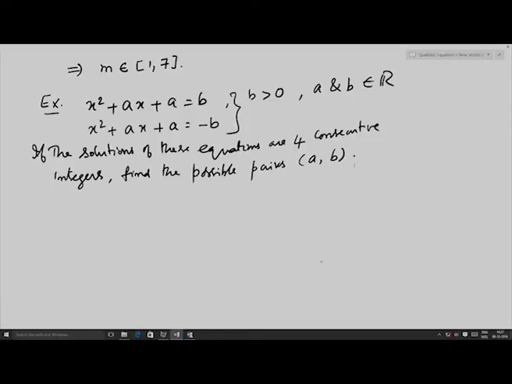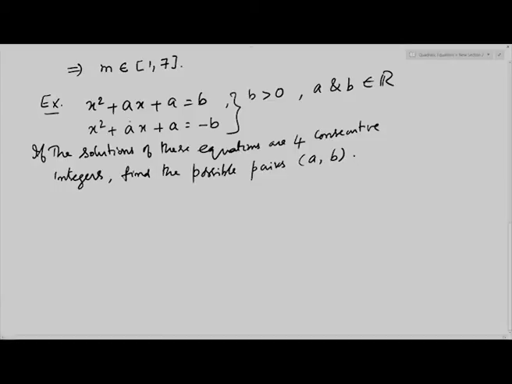Now, one thing we can immediately say: look at the first equation, if alpha and beta are the roots, alpha plus beta will be equal to minus a. The same thing in the second equation: if p and q are the roots, p plus q also will be equal to minus a. Therefore, it is also given that the roots are 4 consecutive integers.